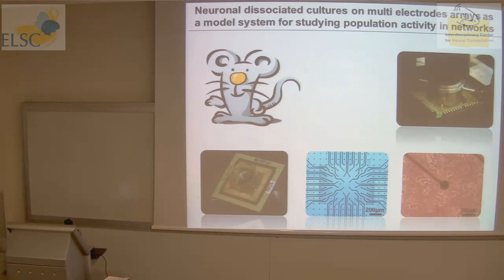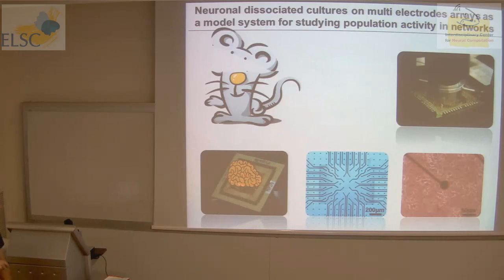We use embryonic brains of rats. We take the brains out, dissociate them, plate them onto the MEA electrode, and within a few hours the neurons begin to send out extensions and connect to one another. Within a few days we have a network, and it begins to be active, and we can record the spontaneous activity of those networks with the electrodes.